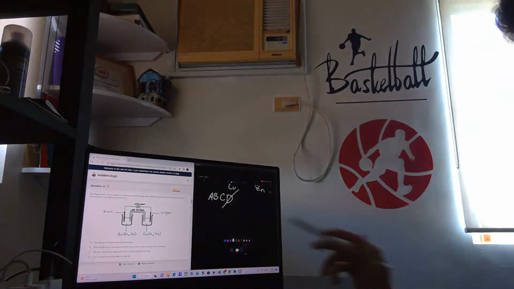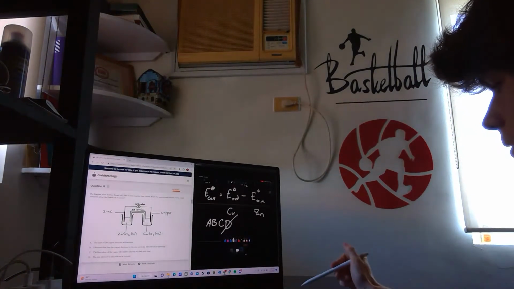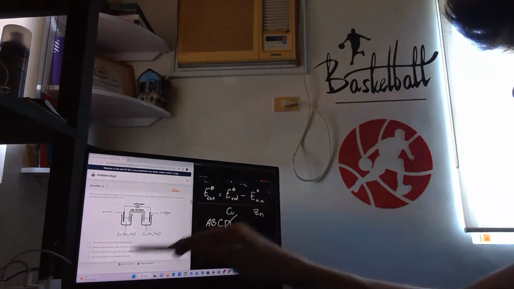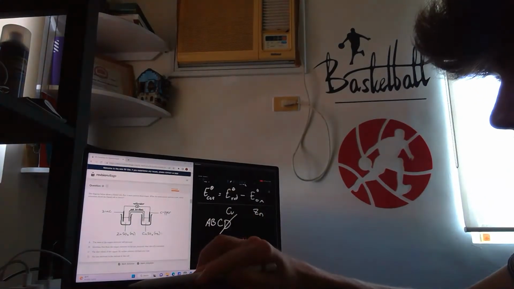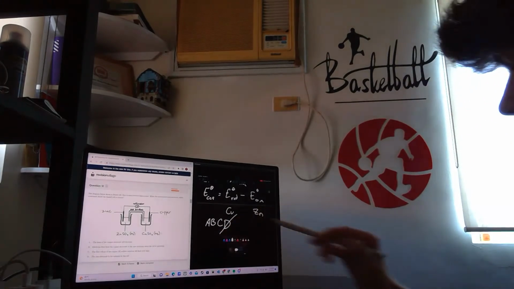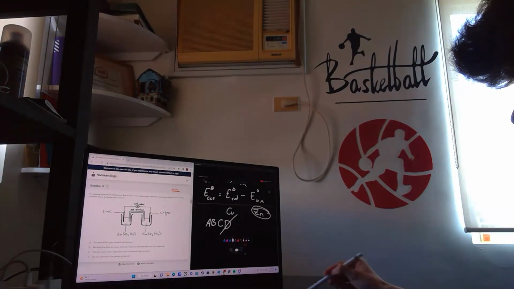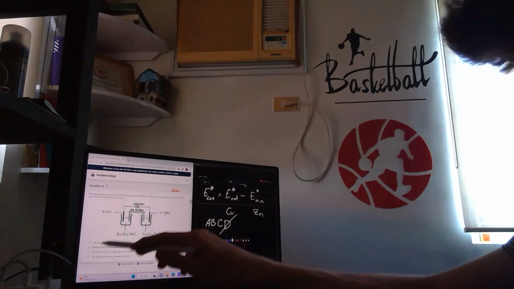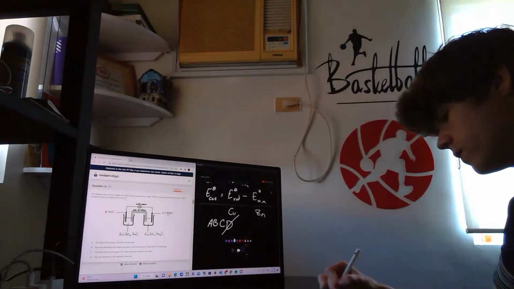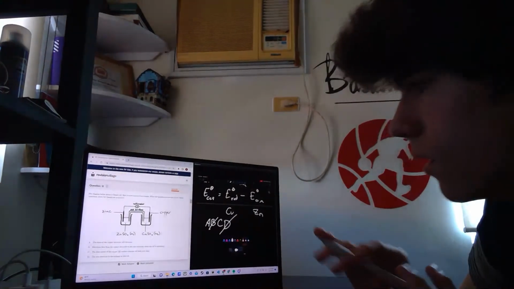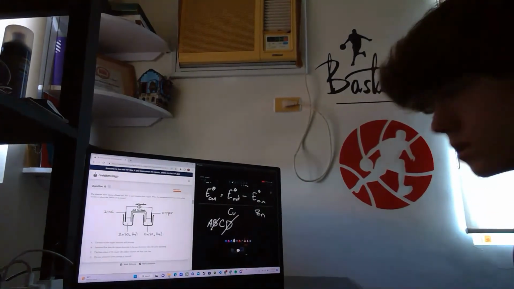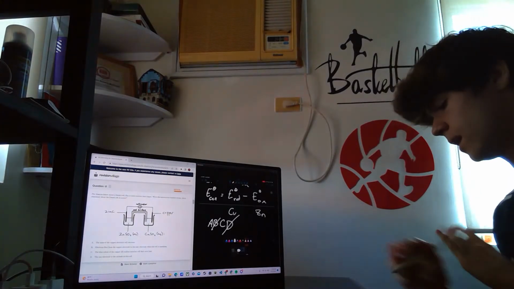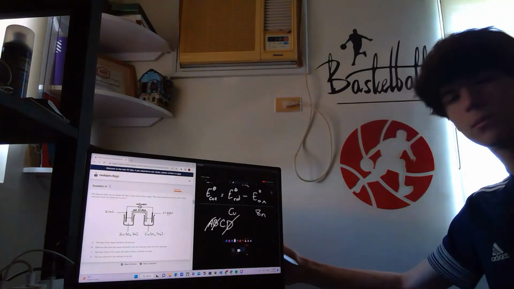We want our flow to be from the one being oxidized to the one being reduced. So we want it from the zinc to the copper electrode, right? Because the zinc is getting stripped of its electrons, and the copper is going to gain those electrons. So B is wrong. Mass of the copper electrode will decrease? No, that goes against the fact that you want your copper to be reduced.